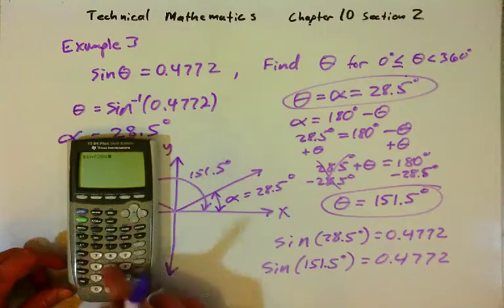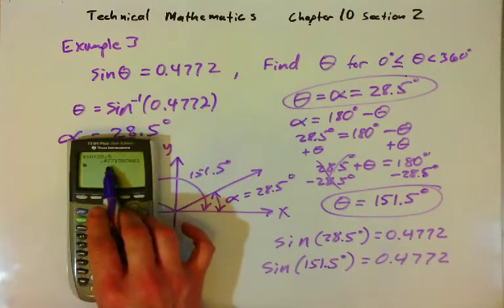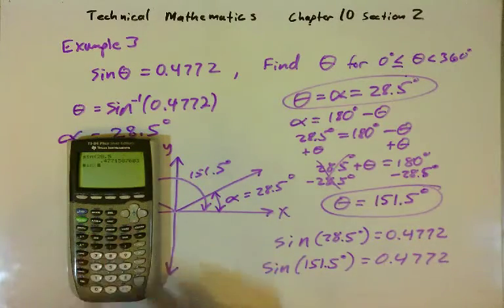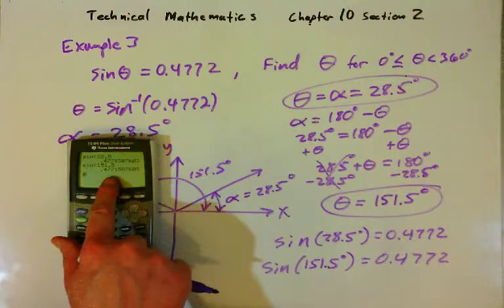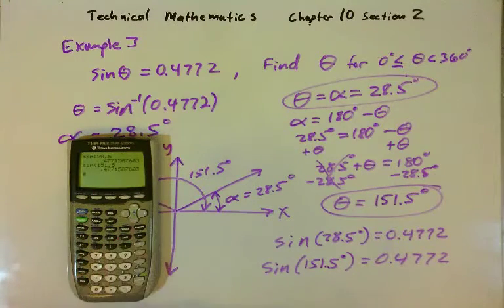The sine of 28.5, and I rounded my answer, is 0.4772 rounded, and so that's correct. But the sine of 151.5 is also 0.4772. So anytime you're using your inverse trig functions, you have to be aware that you're always going to get two possible answers.